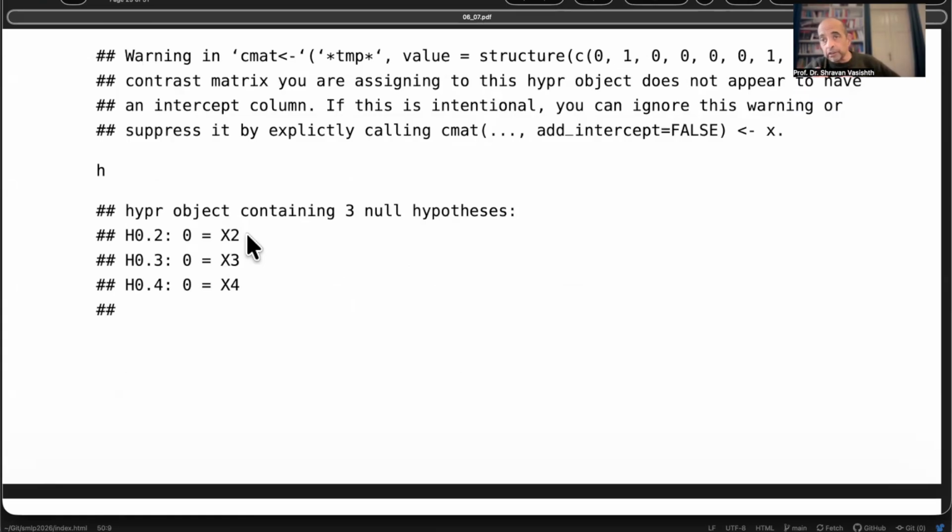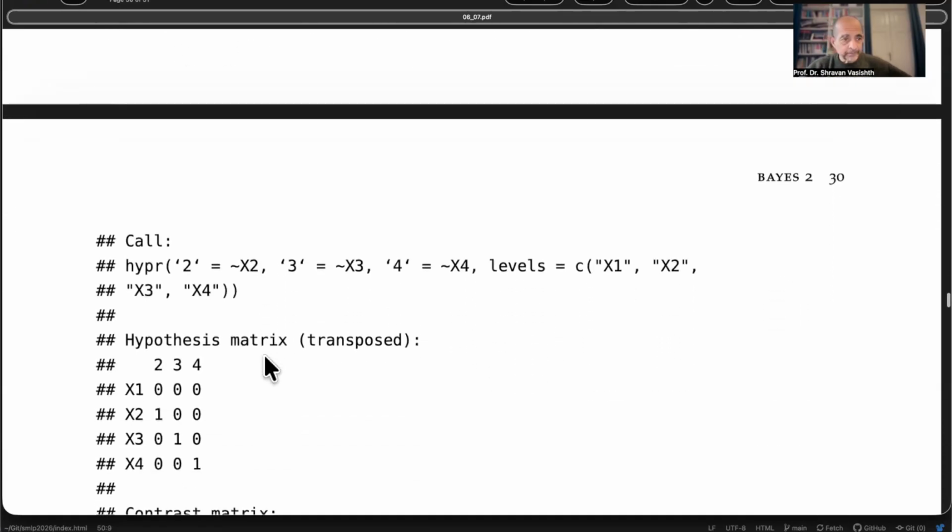That's not what we want. What we actually want in a treatment contrast is that the difference between the second level's mean and the baseline level's mean is 0, right? That's what we want, and that's not what we are getting here. So these are different hypotheses that you're testing now. So we are not going to use that, right?